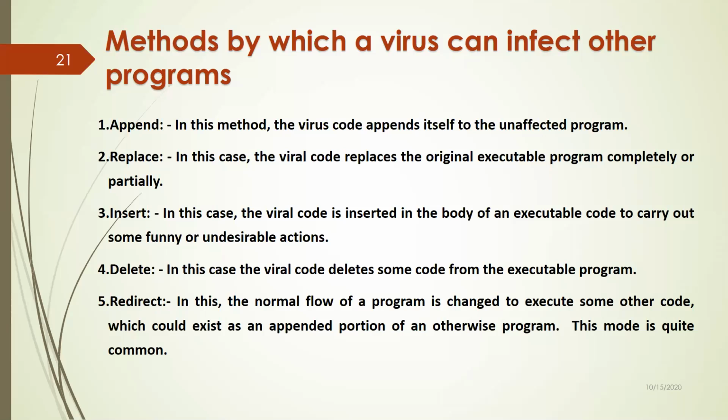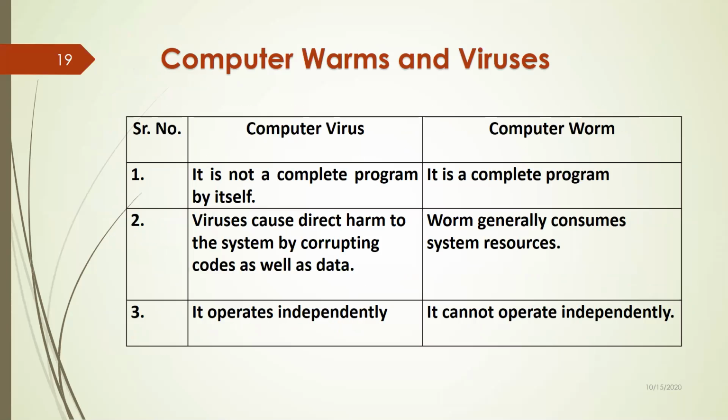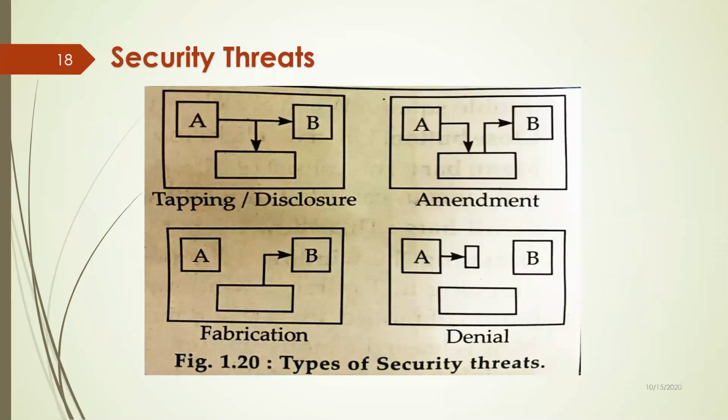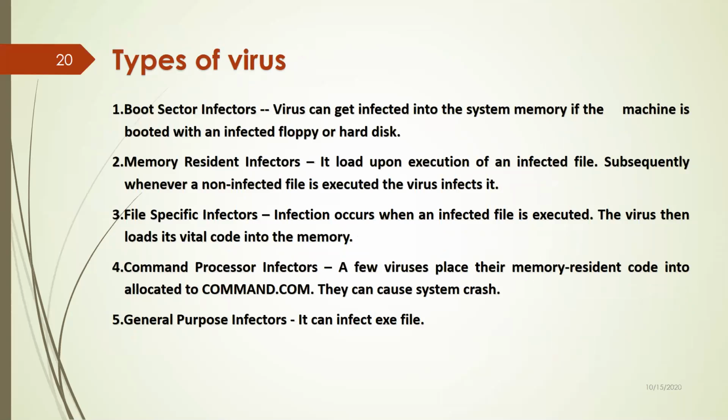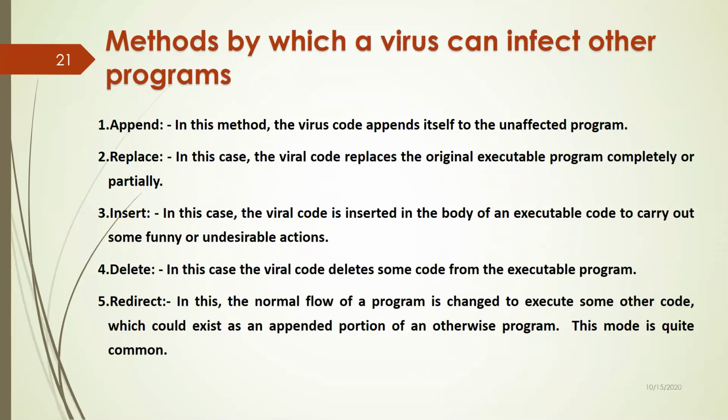So these are the methods by which the virus will affect the programs, right? So see the differences between these questions. They may be relatively similar, but you need to explain them in a different way: types of virus, as well as the methods by which a virus can infect the program.